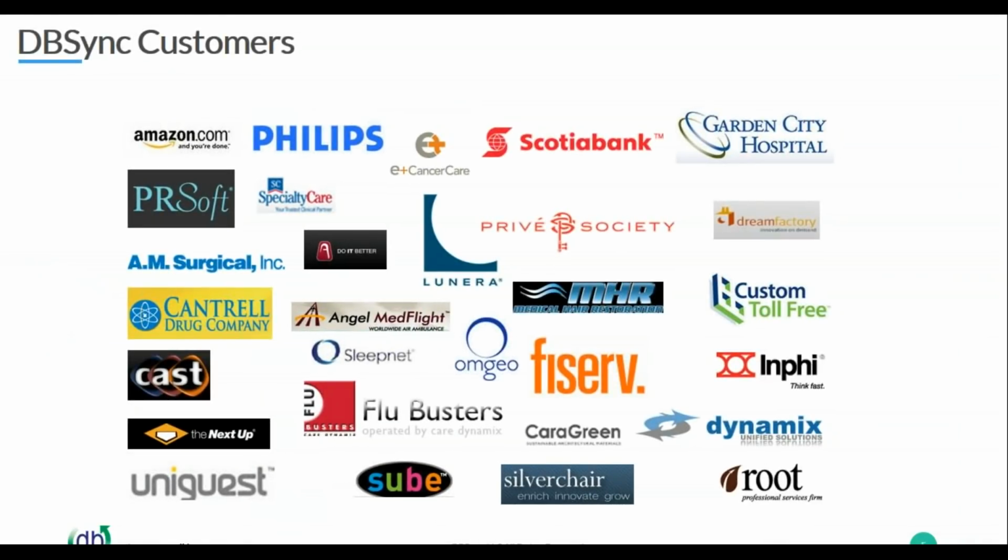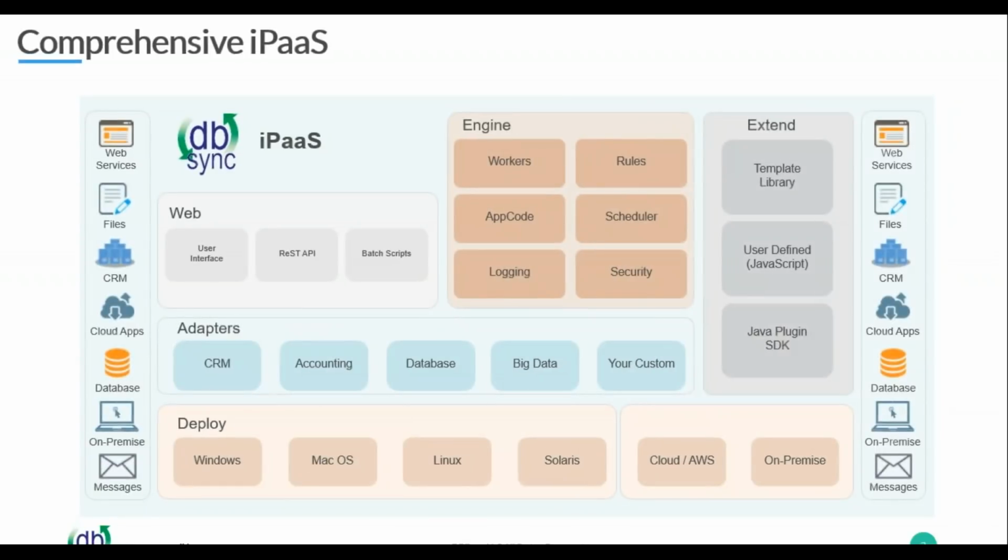With that being said, like I mentioned, we have over 600 active customers. Here in this slide, you see some of our key accounts, and we of course work with some large enterprises like Philips Healthcare, Scotiabank, World Bank, and so on. This slide basically depicts our cloud workflow iPaaS architecture.